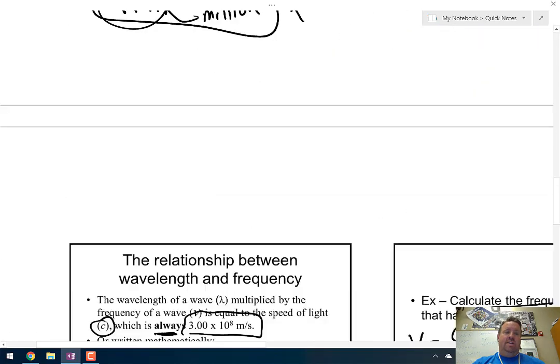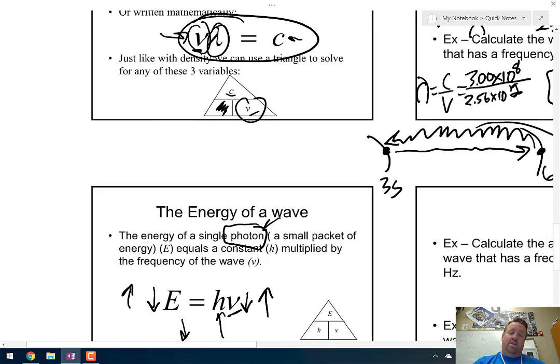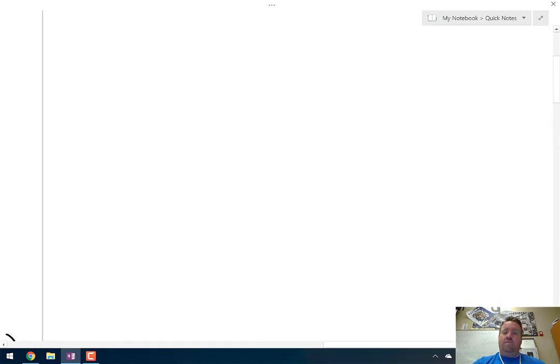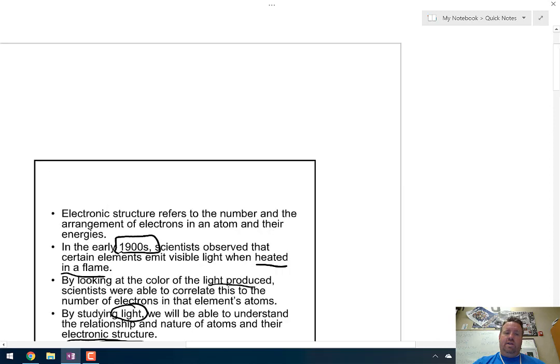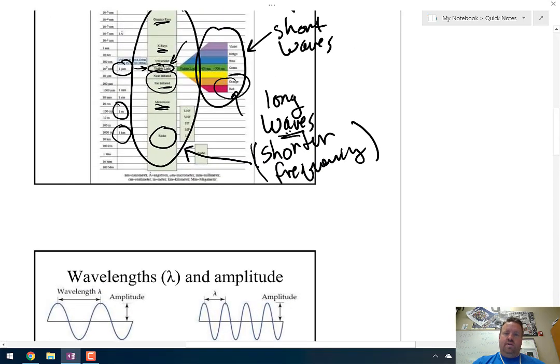Now, using the energy equation, we know that h is constant. So the smaller the frequency, the smaller the energy, and the greater the frequency, the greater the energy. So the shorter the frequency, the lower the energy.